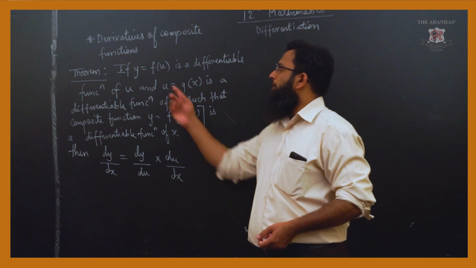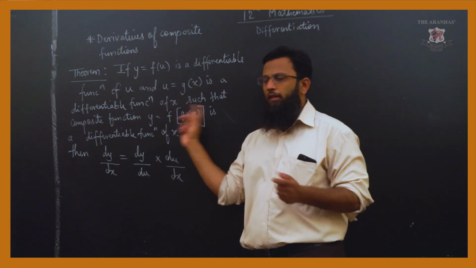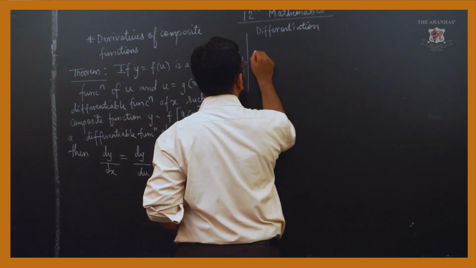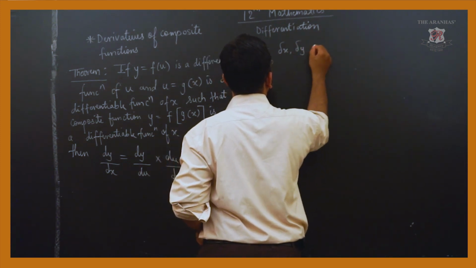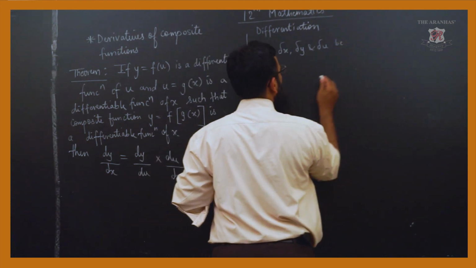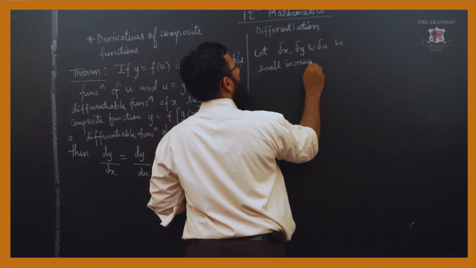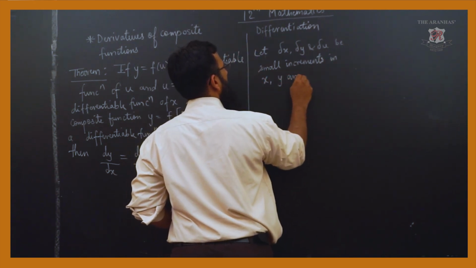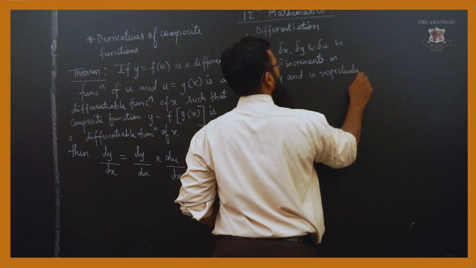Now since they have given that y is a differentiable function of u, u is a differentiable function of x, and the composite one, what I will do over here is consider delta x, delta y and delta u to be small increments in x, y and u respectively.